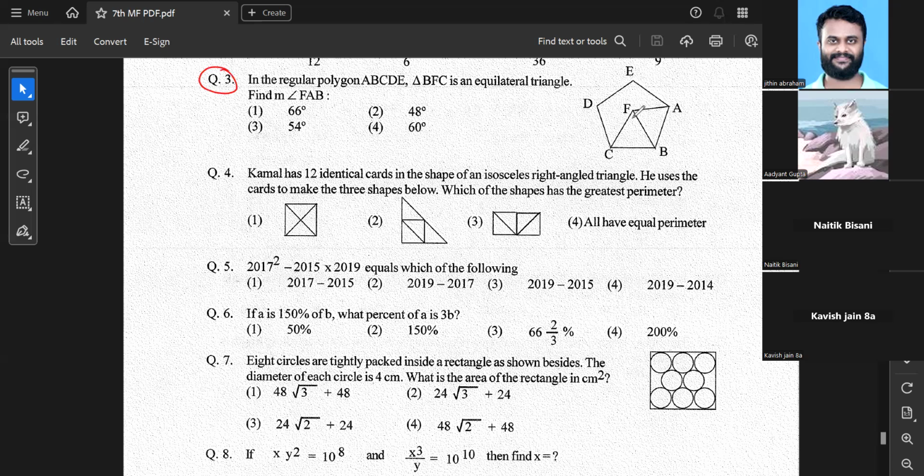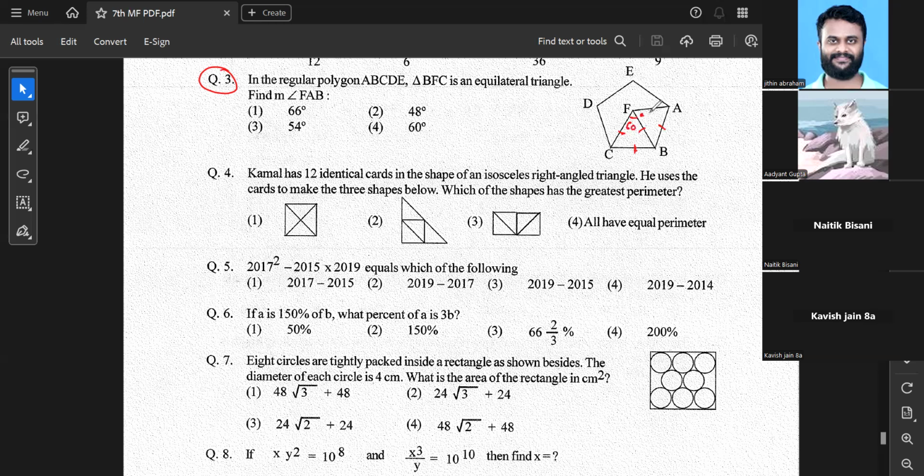Since it is an equilateral triangle, this will be equal to this will be equal to this. Now, it's a regular pentagon, which means one side is equal to all the sides. All the sides are equal. So this AB is also equal.